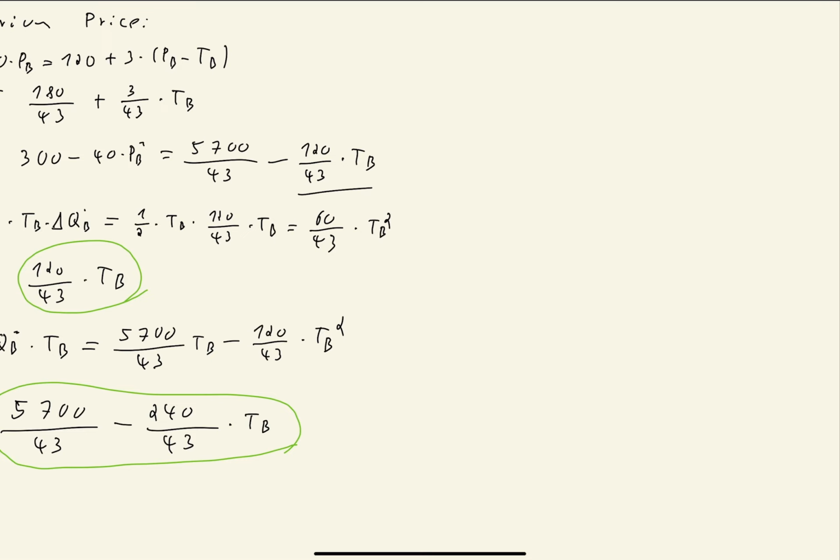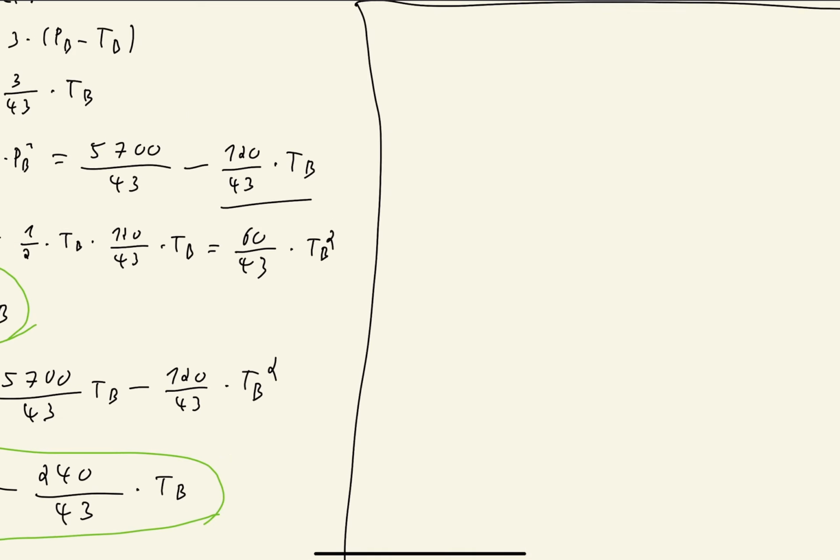So what do we need to compare? We compare the marginal dead weight loss of apples, so 10 divided by 3 times TA, and we divide this by the marginal tax revenue due to a tax increase in apples, so 230 divided by 3 minus 20 divided by 3 times TA.